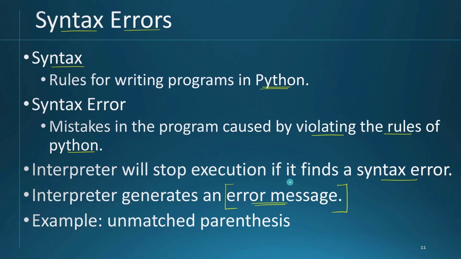When you read that message, most probably you will understand where the problem is inside your code. You can directly go there, fix it, and run it again. Mostly your program will work fine. Now, one example of a syntax rule is an unmatched parenthesis, which means you open a bracket and you forget to close it, right? In this case, the interpreter will give an error. We have some examples coming, then you will understand it much more clearly.